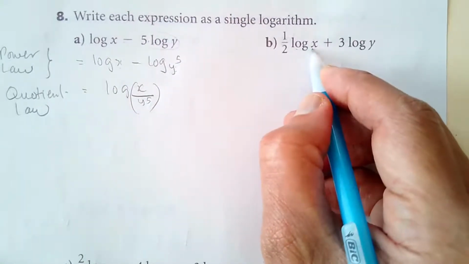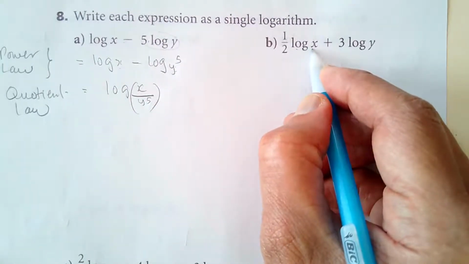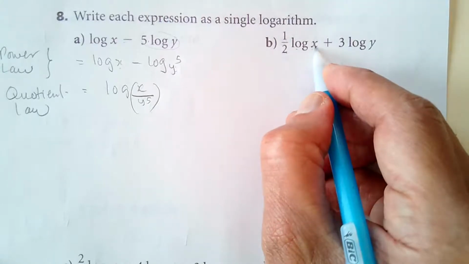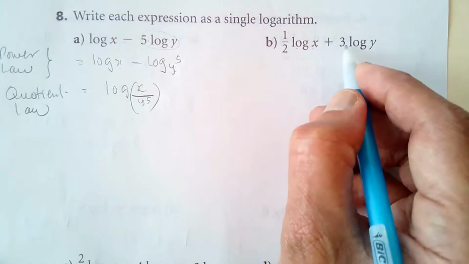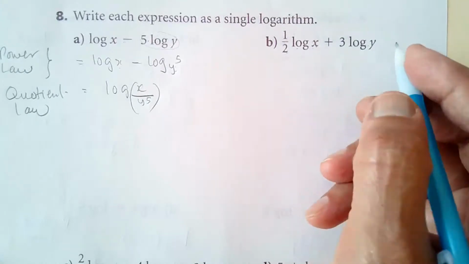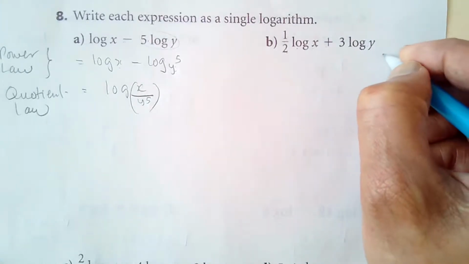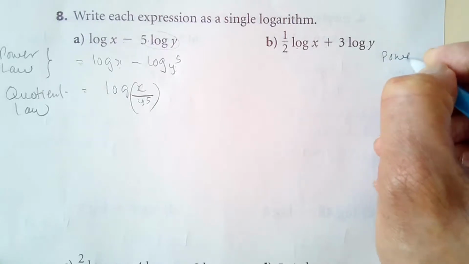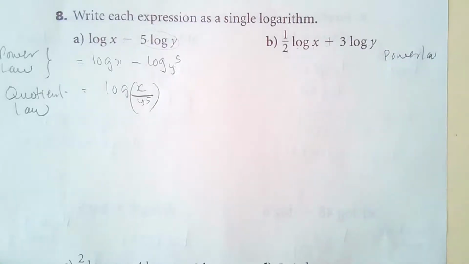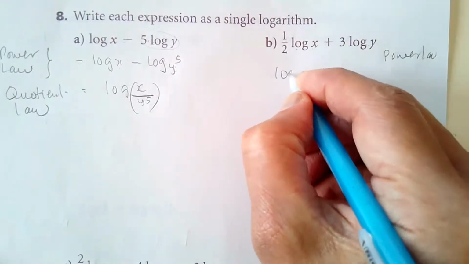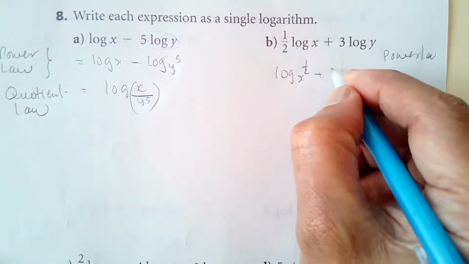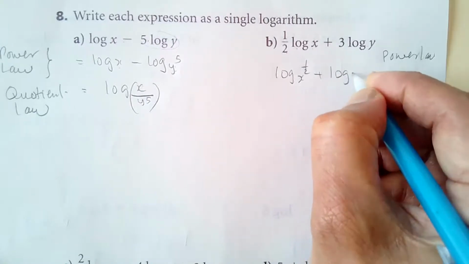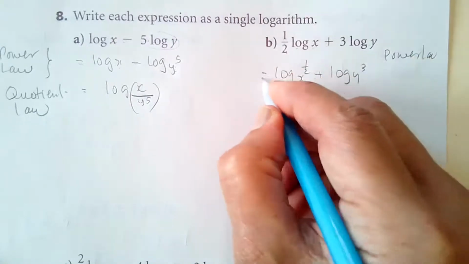Next, first thing we apply our power law. So power law for both of these. So we try the power law first. So that gives me log x to the half plus log y to the 3.